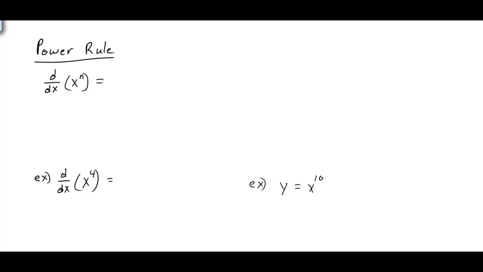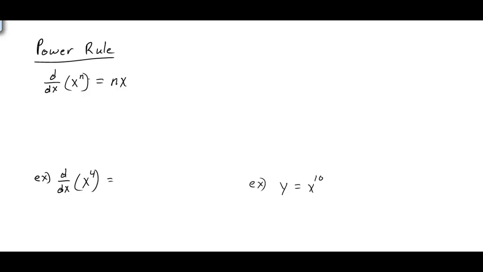All right, if we move on to what's called the power rule, this is going to be one of the main rules we're going to look at. The power rule says that if you're taking the derivative of x to a power, then you're going to take your power, which is the n representing our power, and multiply that in front of the x.